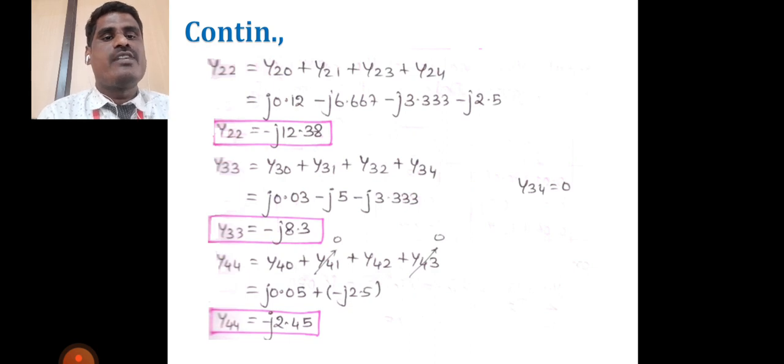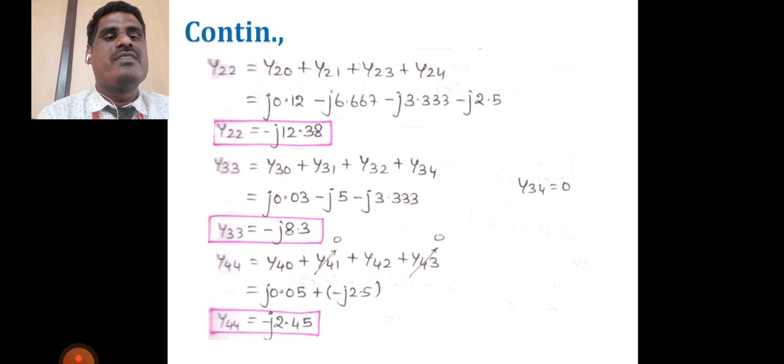And next we can calculate y33. y33 is y30 plus y31 plus y32 plus y34. Just adding all those values, but in this case y34 is 0. y30 is j 0.03, y31 is minus j 0.5 and y32 is minus j 3.333.